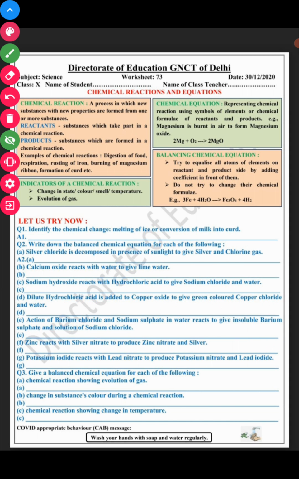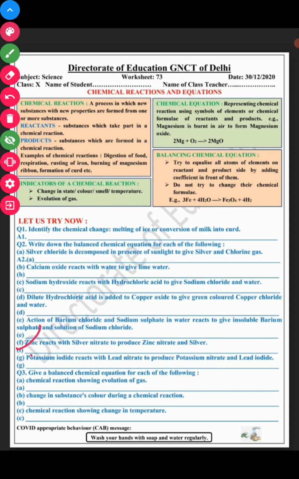Next we have the action of barium chloride, BaCl2, when it reacts with sodium sulfate, Na2SO4. It will give you barium sulfate plus sodium chloride.